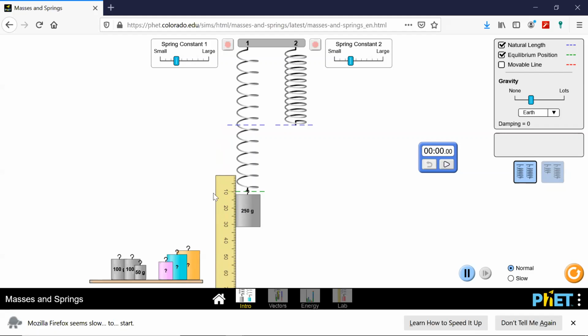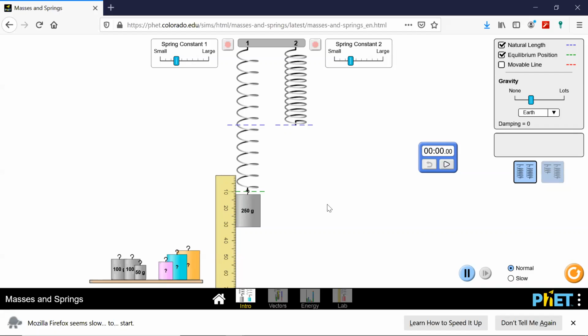The equilibrium position is the position of the hook. You see the hook where it is? That's where the equilibrium position is. In another part of the lab, unfortunately, they change their convention for the equilibrium position. I think they'll put it at the center of the mass.